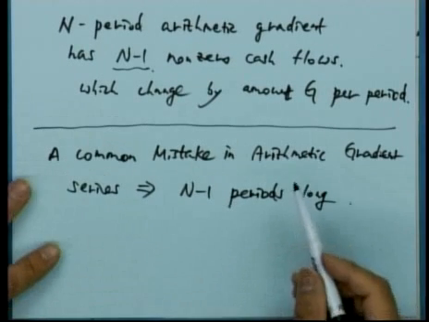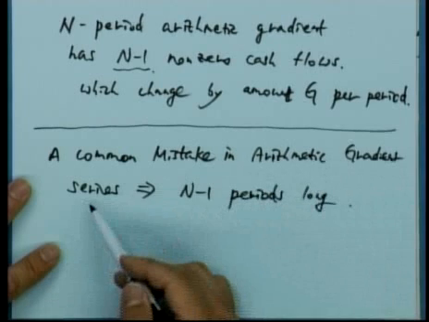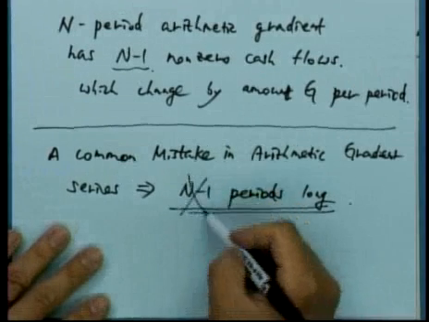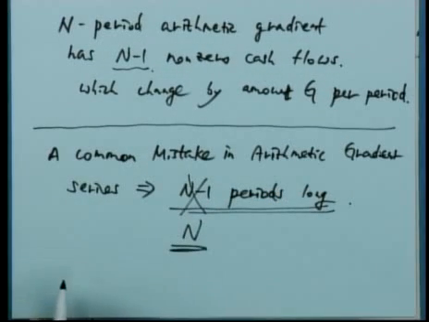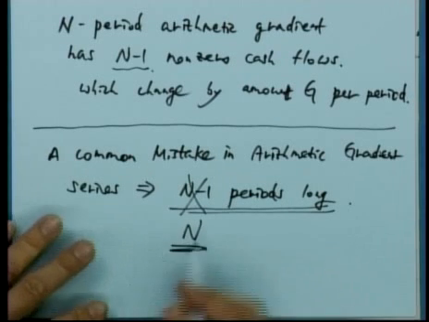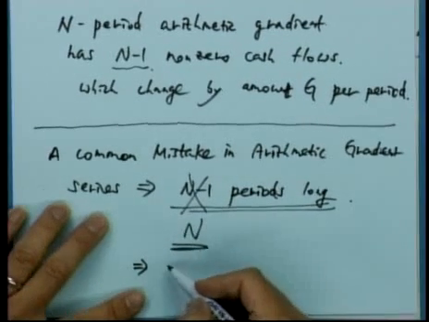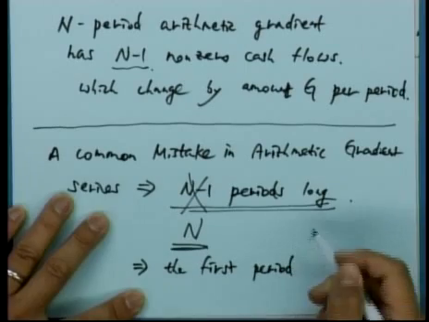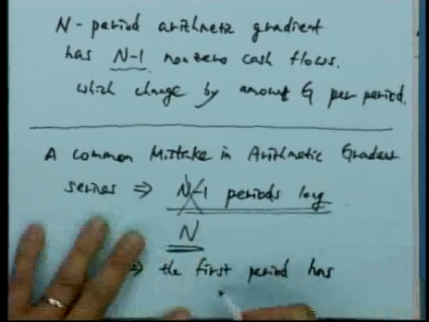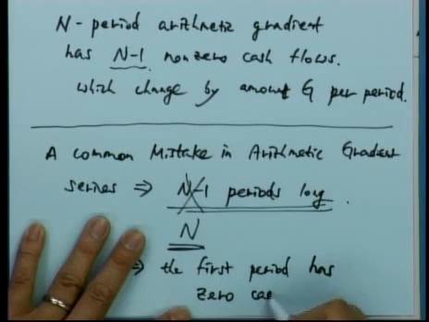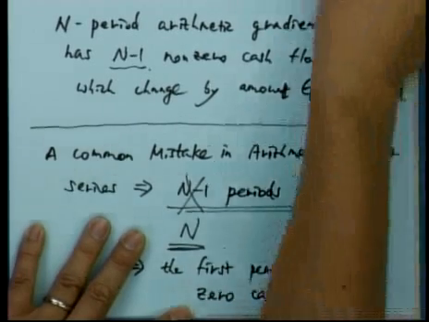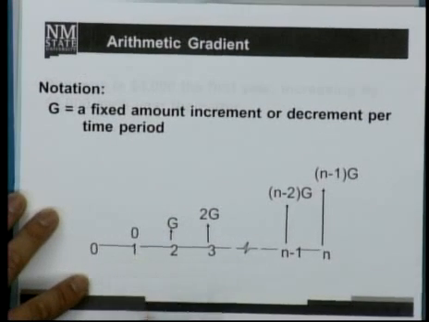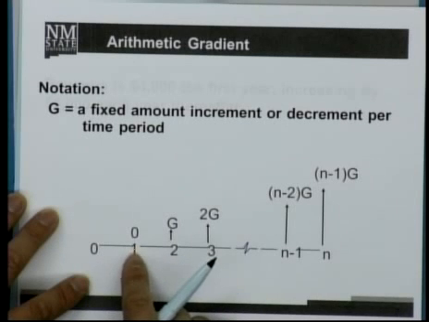Actually, it is n periods. Of course, the first period has zero cash flow. The arithmetic gradient series always has zero cash flow for the first period.